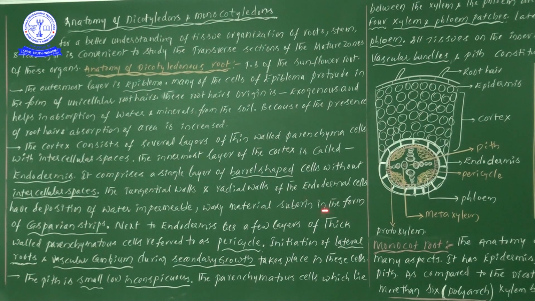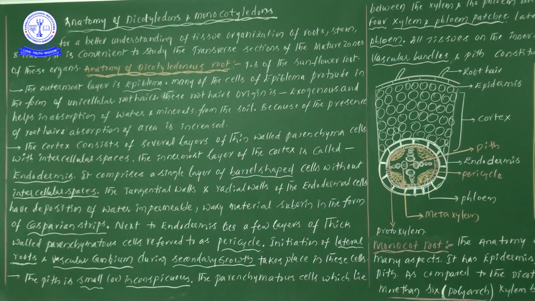Because of the presence of suberin, the formation of Casparian strips takes place. So these endodermal cells, made of water impermeable waxy material, suberin, form the Casparian strips.